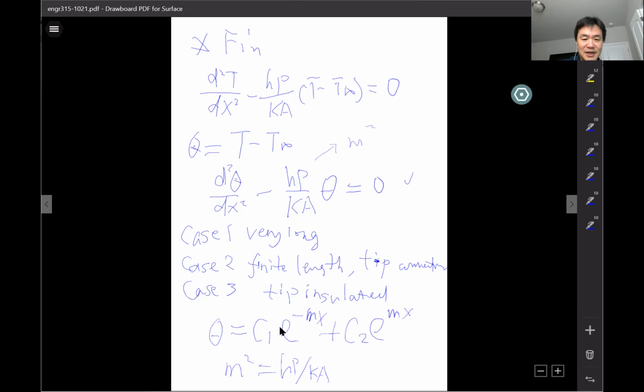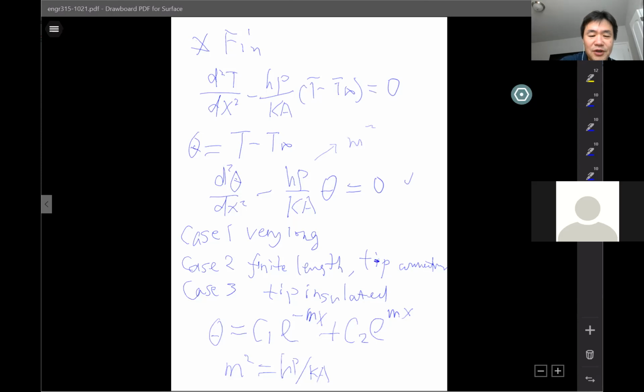Each case, case 1, case 2, case 3, just tells you the ending condition, but there's always a starting condition, which is T0, the base temperature. So before you apply the boundary conditions you have two coefficients, C1 and C2. That's the general solution.